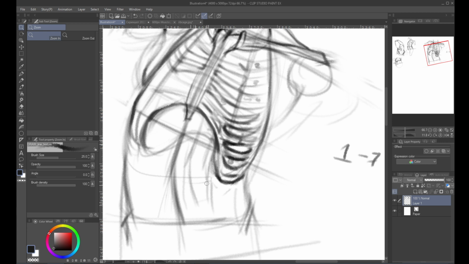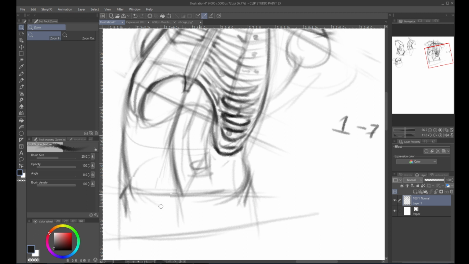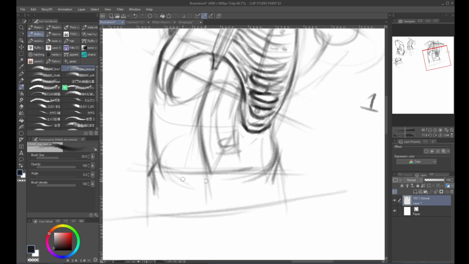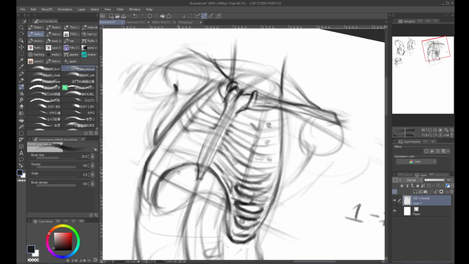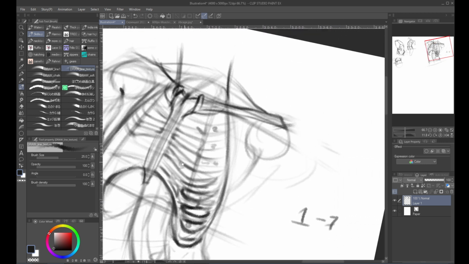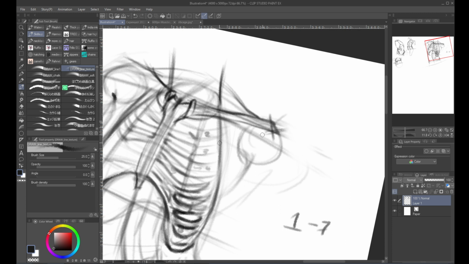But in general, we have to remind ourselves that this is 3D form and there's things in the back. I also found pretty useful for me to sculpt the anatomy. Some things can be easier understood when dealt with in 3D, but that's just a personal experience that I wanted to share.